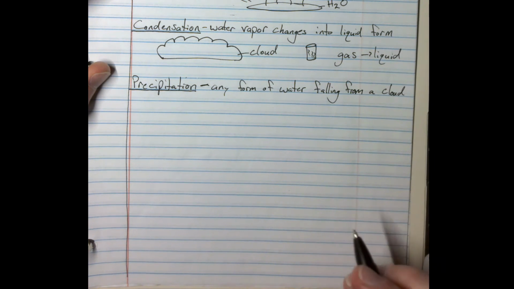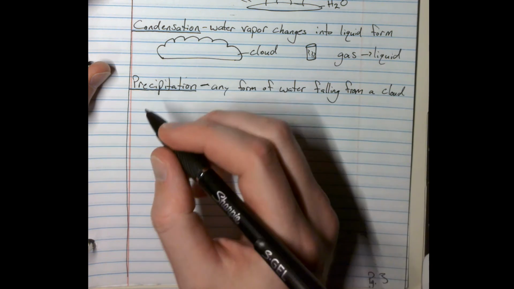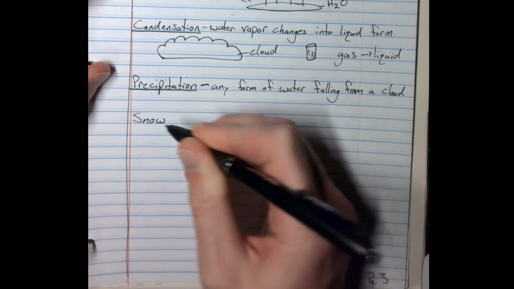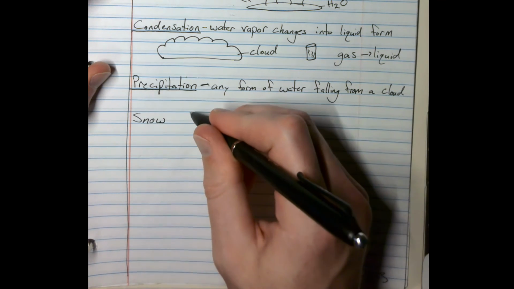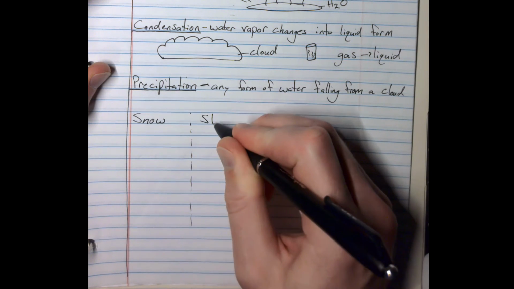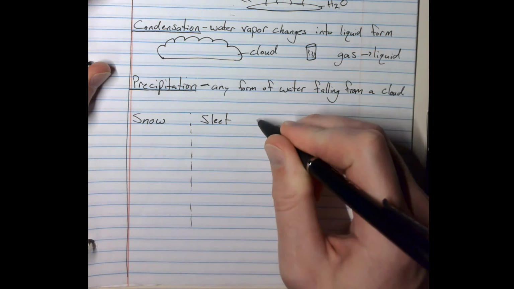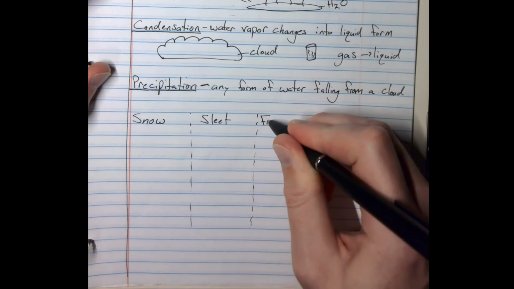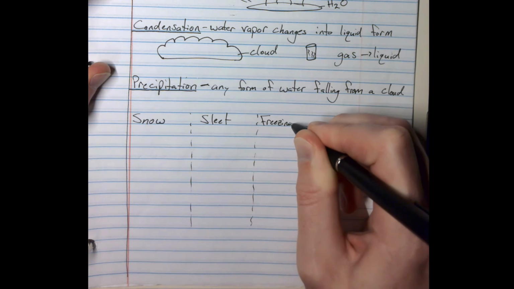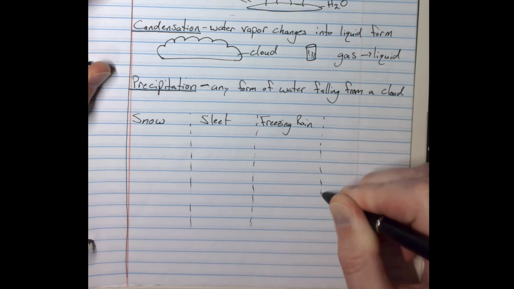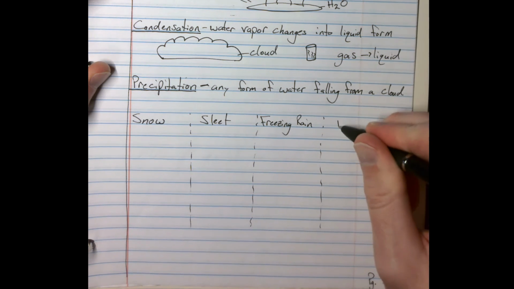And there are four that we're really going to talk about. So the first one let's talk about is snow. Let's just put a little line there. Then we have sleet and freezing rain. These are things we hear about pretty regularly. And then finally just regular rain.